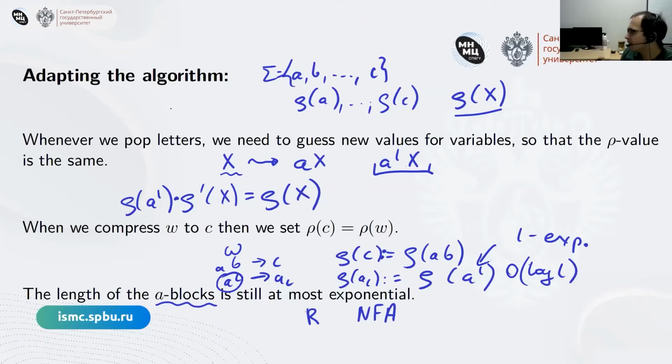If you want to specify a fixed transition, then it is realized by a word of at most exponential length. That's some sort of intuition, and if there are many exponentials, then if you multiply them, it's still exponential, but you actually need to look into the proof to see that this happens.